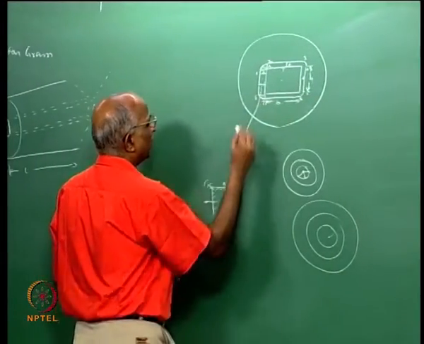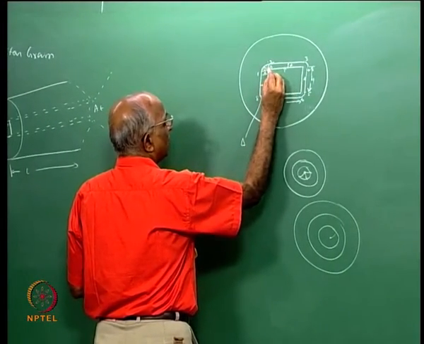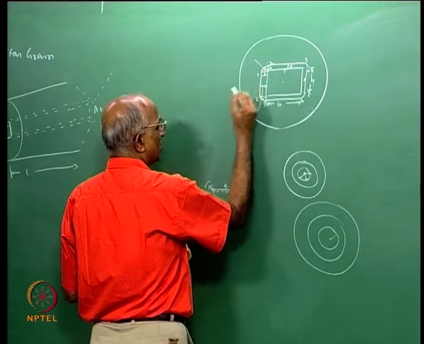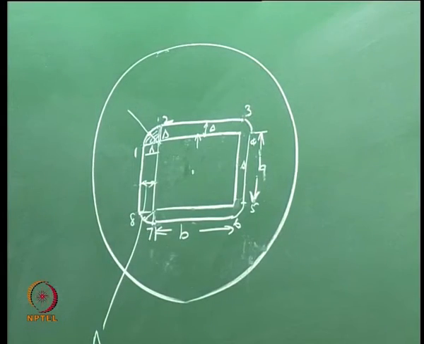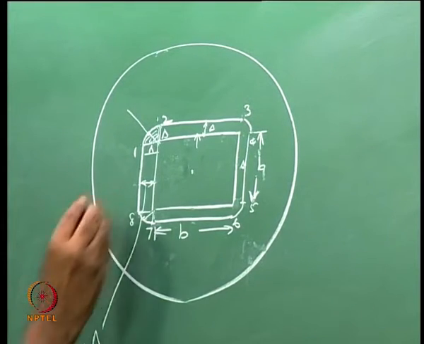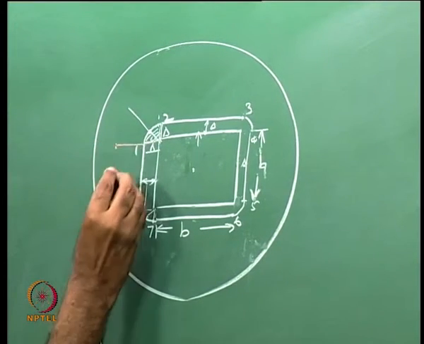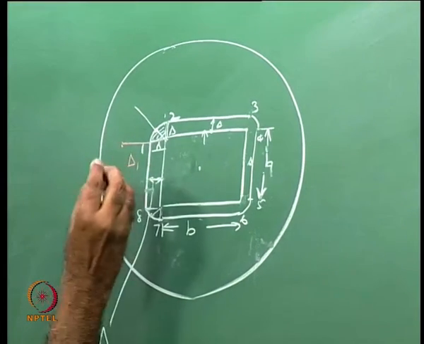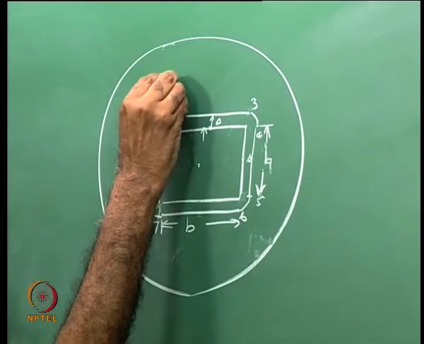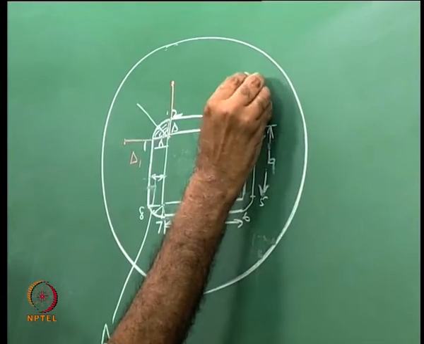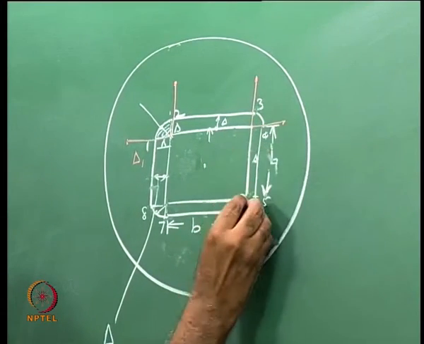Let us say it burns for some other distance, let us just do that so that we are very clear about it. If the burning proceeds by some amount delta over here, now my new delta is delta 1, delta 1 over here, delta 1 over here.